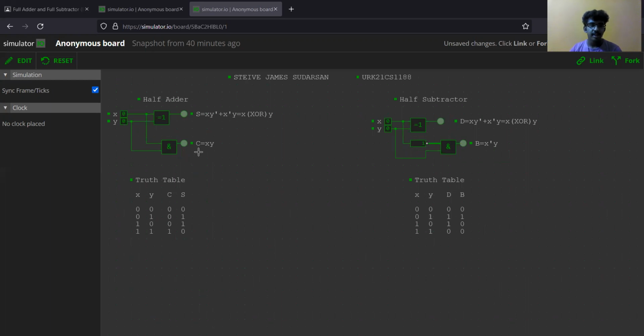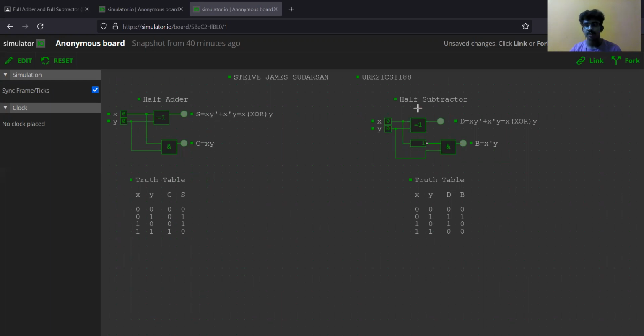In the same way, we can check the carryover formula. Only one row is 1, with x as 1 and y as 1, so C is equal to x and y.